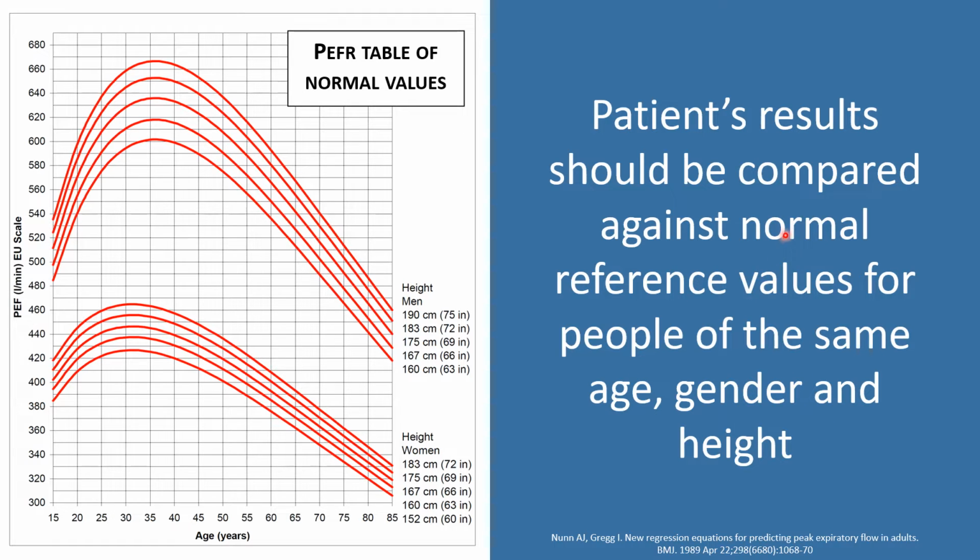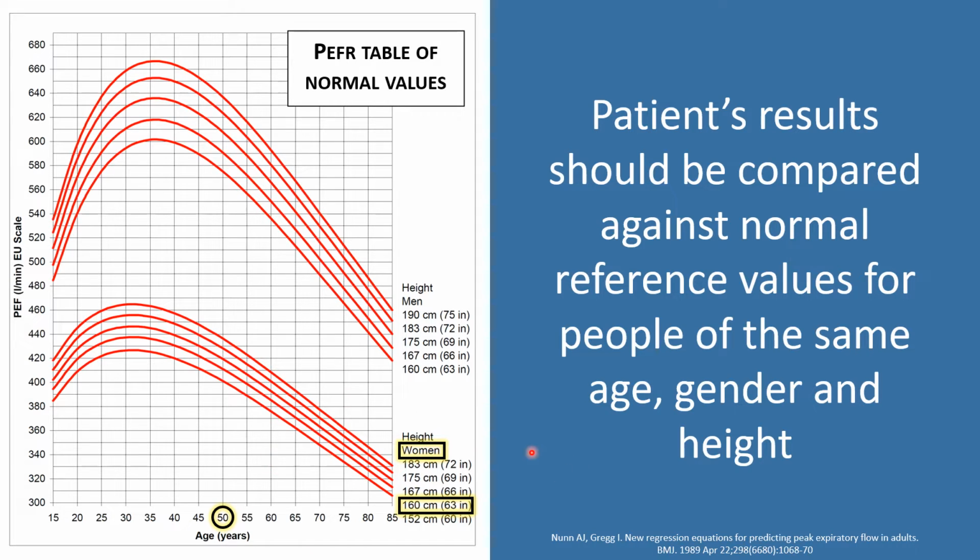So let me give you an example here. Let's pretend we've got a 50-year-old lady who is 160 centimetres in height. If that was buried within your patient computerized records, the app would have extracted that plus their ethnicity as well, and it would then just use that as the predicted.